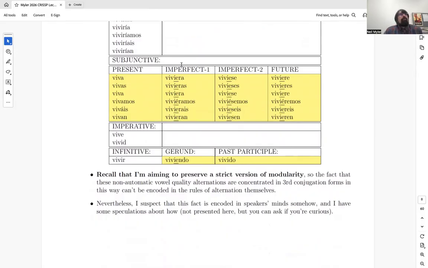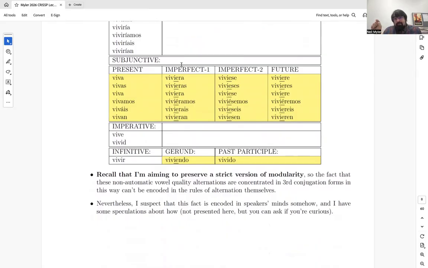I was talking about the fact that the relevant non-automatic vowel alternations that play a role in PYTA and a lot of other things in Spanish are all concentrated apparently in third conjugation environments. So all of the relevant vowel height alternations are concentrated in the third conjugation roots.